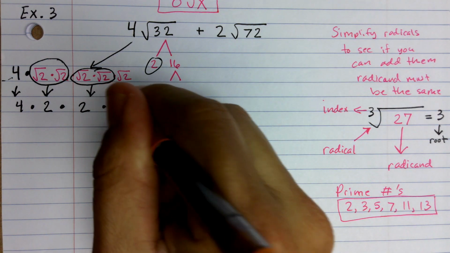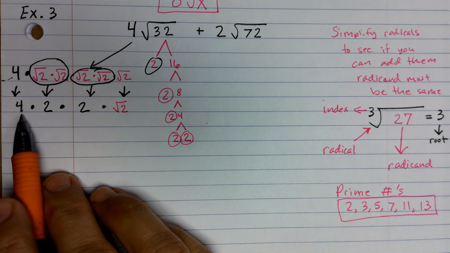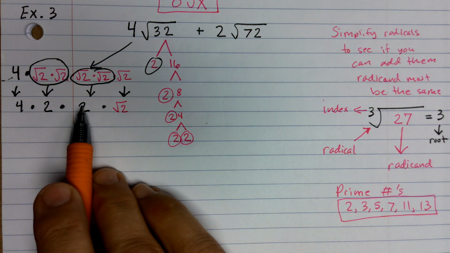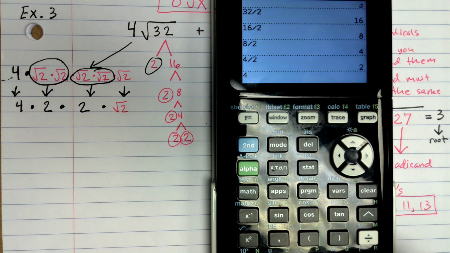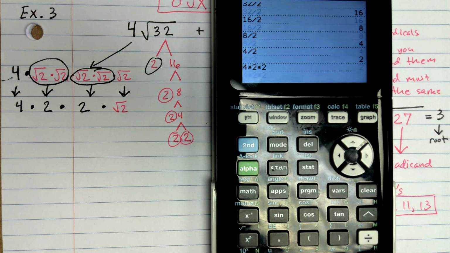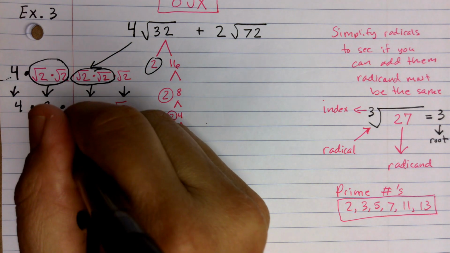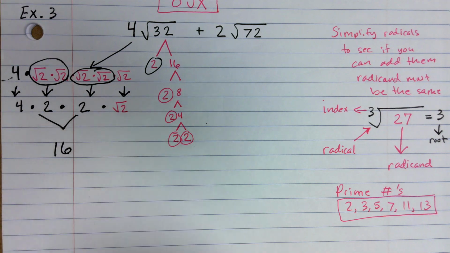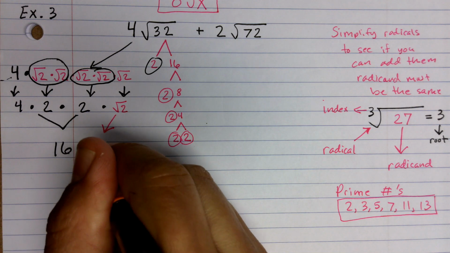So I'm just going to simply write a radical of 2. Now I can multiply this out. So I can do 4 times 2 times 2. Now if you're not good at multiplication, you could just throw it in the calculator. 4 times 2 times 2, and it gives me 16. So all this multiplied together gives me 16. And then I'm going to bring down my square root of 2.